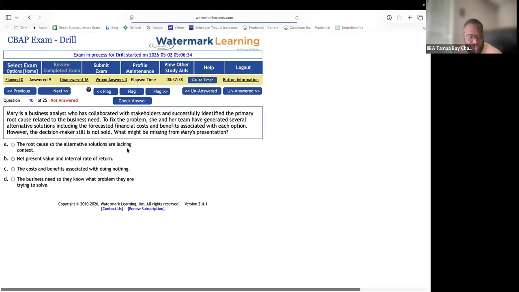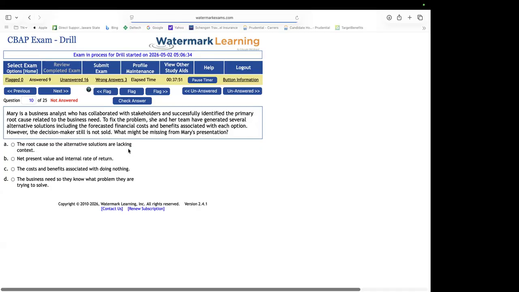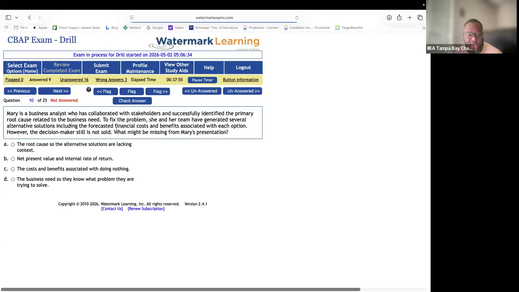Let's move on. Mary is a business analyst who has collaborated with stakeholders and successfully identified the primary root cause related to the business need. To fix the problem, she and her team have generated several alternative solutions, including the forecast financial cost and benefit associated with each option.